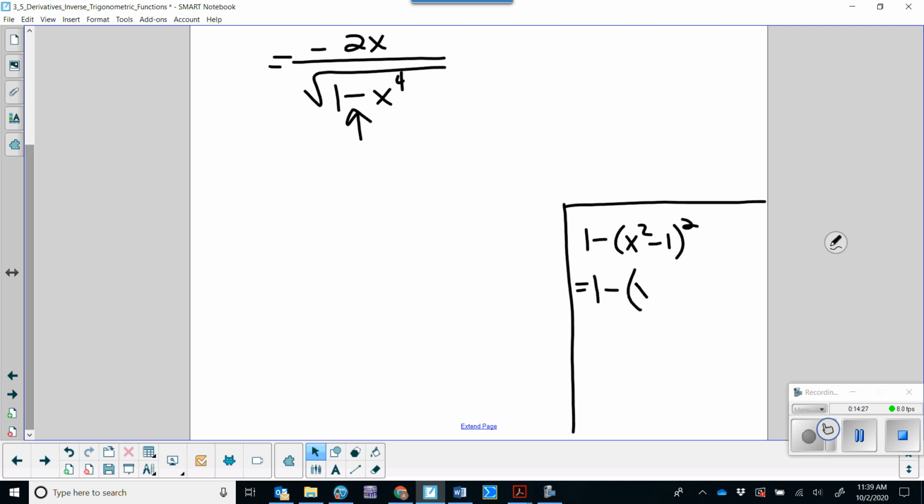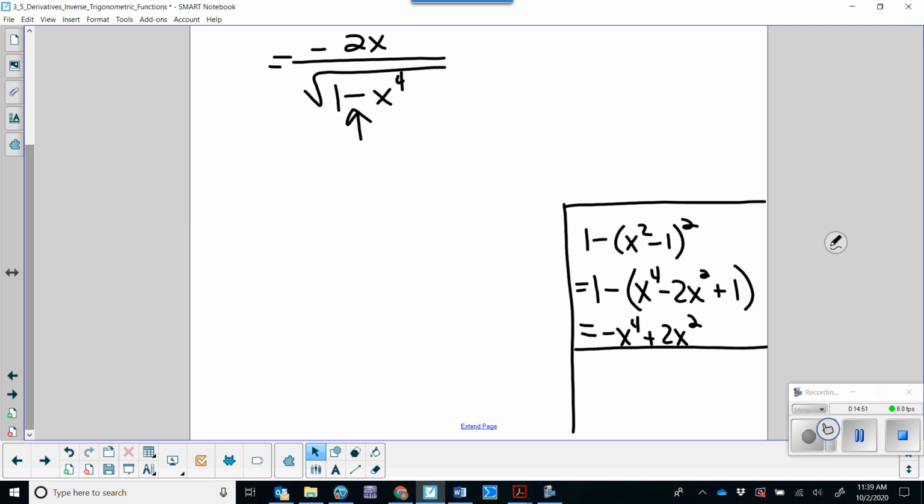Now FOIL this, or distribute, so that's x to the 4th minus 2x squared plus 1. Don't forget there's a middle term there. If I simplify this, I'm going to get negative x to the 4th plus 2x squared, and then 1 minus 1 will go away. So that's actually what's underneath the radical.